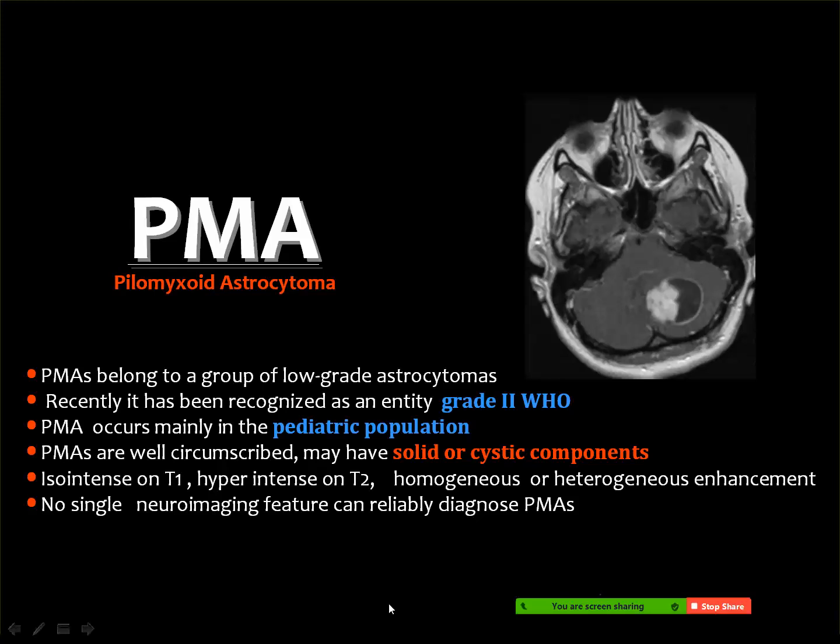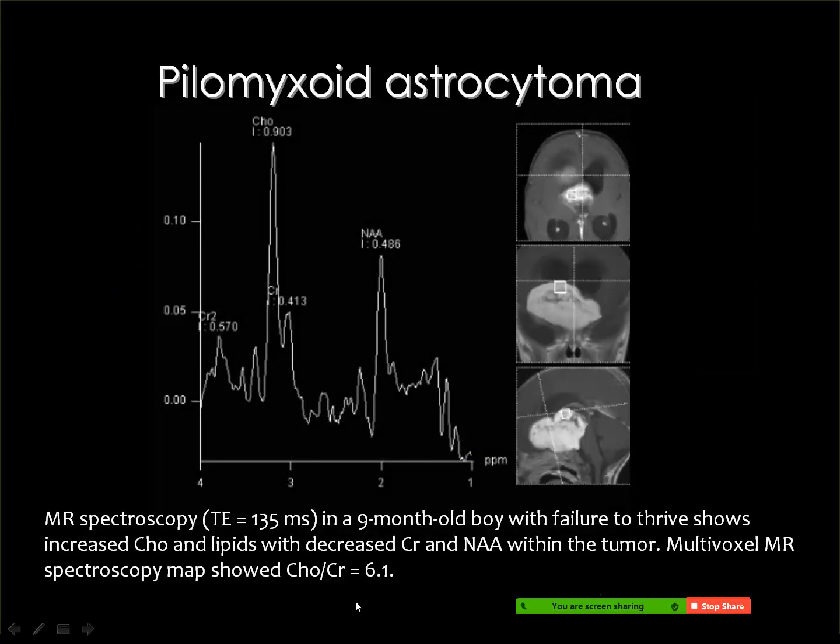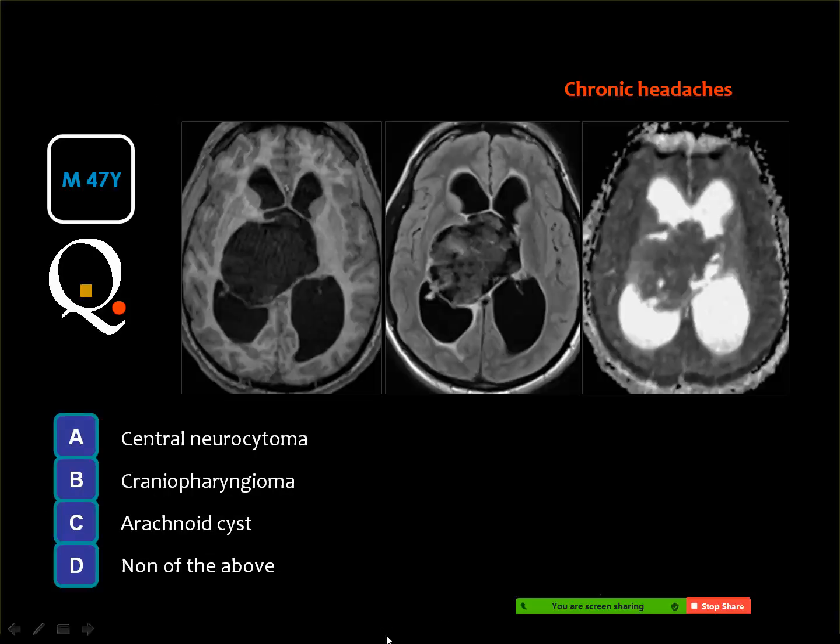The tumor can bleed, the tumor can show contrast fluid level similar to the pilocytic astrocytoma, and on MR spectroscopy it is also similar to the astrocytoma with elevation of the choline peak and depression of the N-acetyl aspartate.